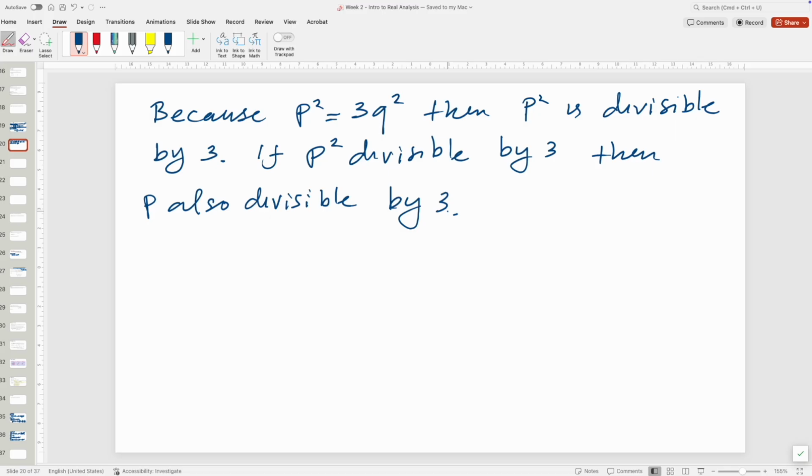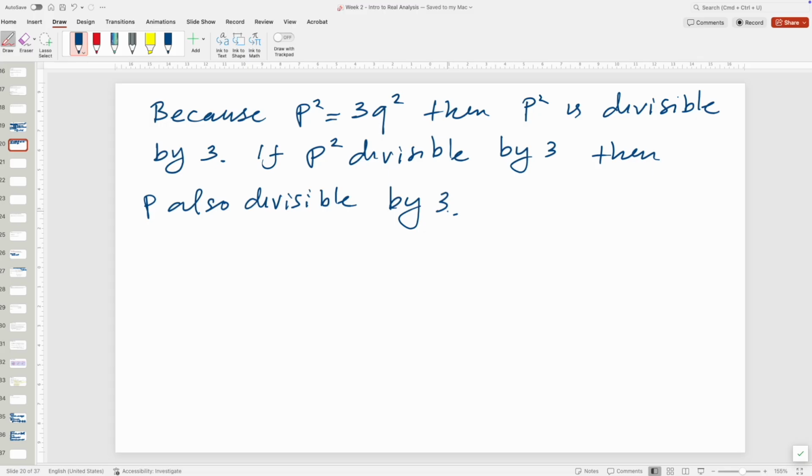Okay, you can check: is it true? If P squared is divisible by 3, then P is also divisible by 3. Of course, P squared couldn't be 3, because the square root of 3 is not divisible by 3.